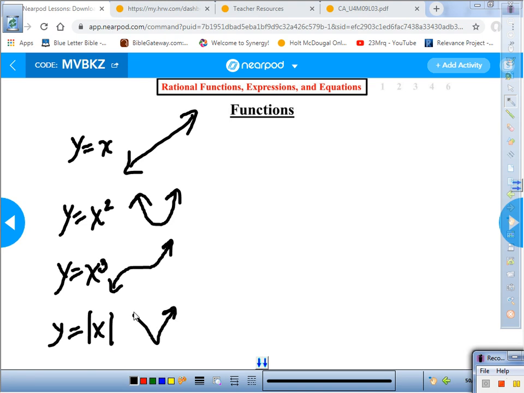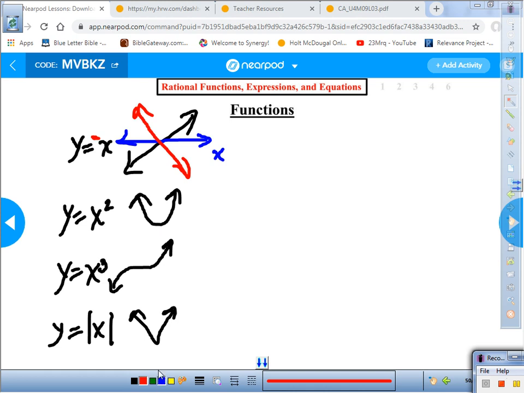A V. All right? Now, if all of those were graphed, let's say this is my x-axis. Look what happens when this has a negative in front of it. What does it do? Upside down, or it flips according to the x-axis, and it should look something like this.